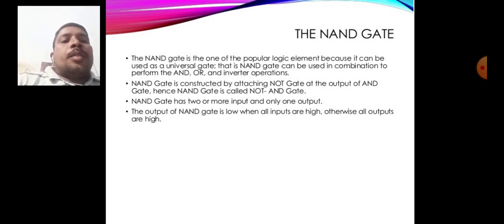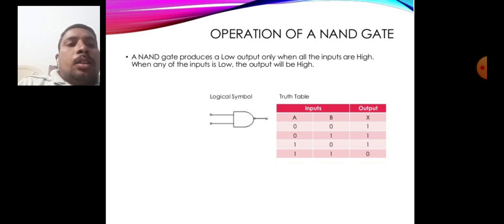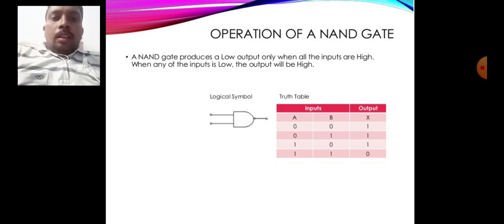For the NAND gate, the output will be low when all the inputs are high, otherwise the output is high. So what is the truth table and operation of the NAND gate?